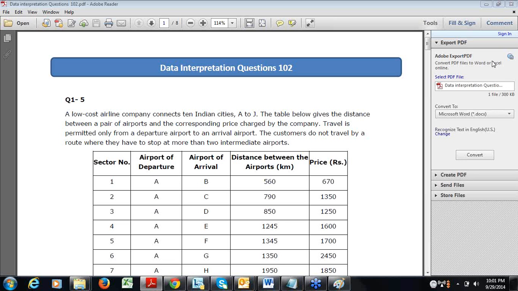So I had one class on data interpretation, through which, if we talk about the type of questions, there are broadly three categories in which they will come. One is in the pie chart form, second is in the bar chart form or line graph chart form, or third is the number type.